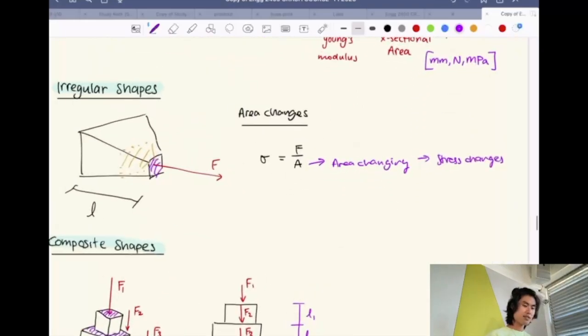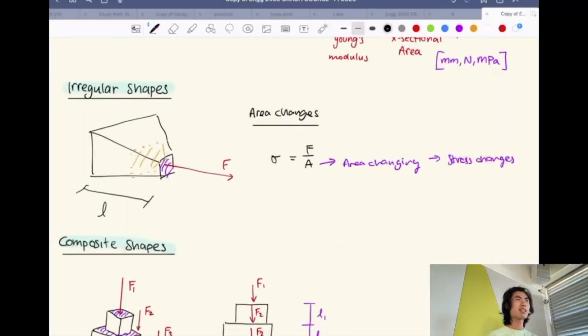And how can we calculate stress for an irregular shape? It's essentially going to be put into an integral, which isn't too important for you guys to remember. I don't think I've ever seen a question with irregular shapes. Just kind of good to know.